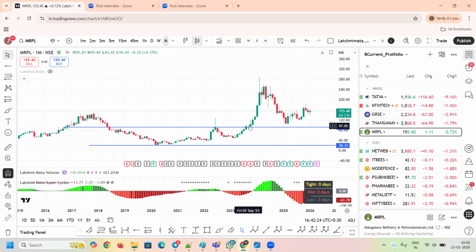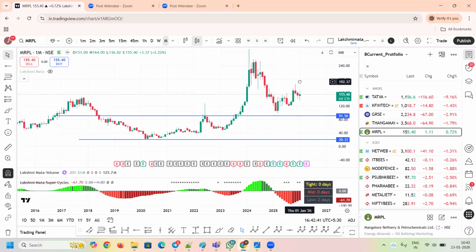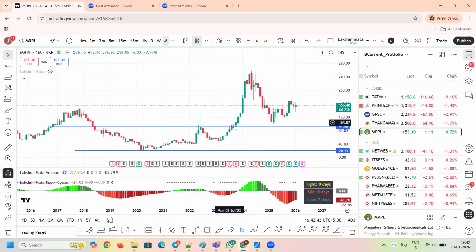Once it crossed that, it never came below this. It is very difficult to go below this point. Once a candle closes below, the low of that candle will be the stop loss. So once it crosses above this point, the low will be the stop loss, and there are high chances that it will start moving up.